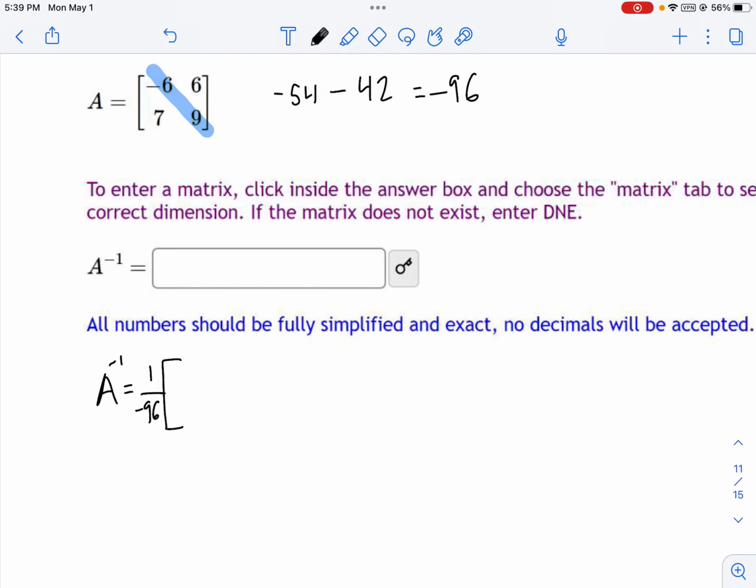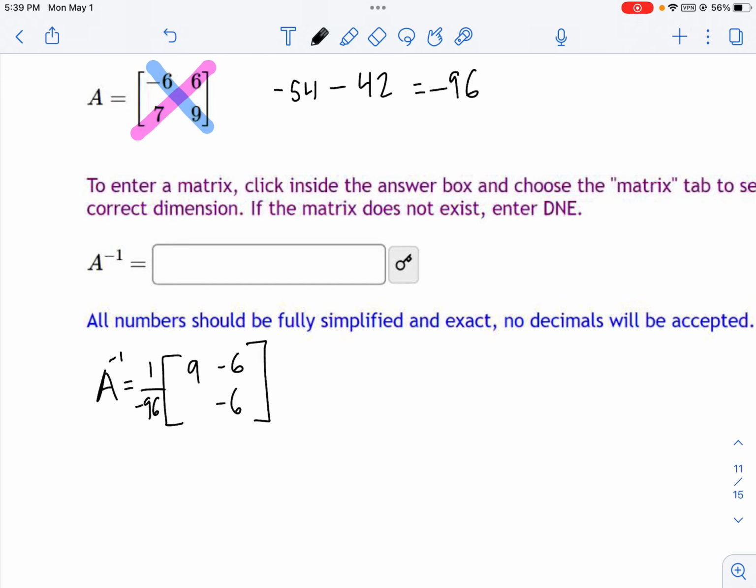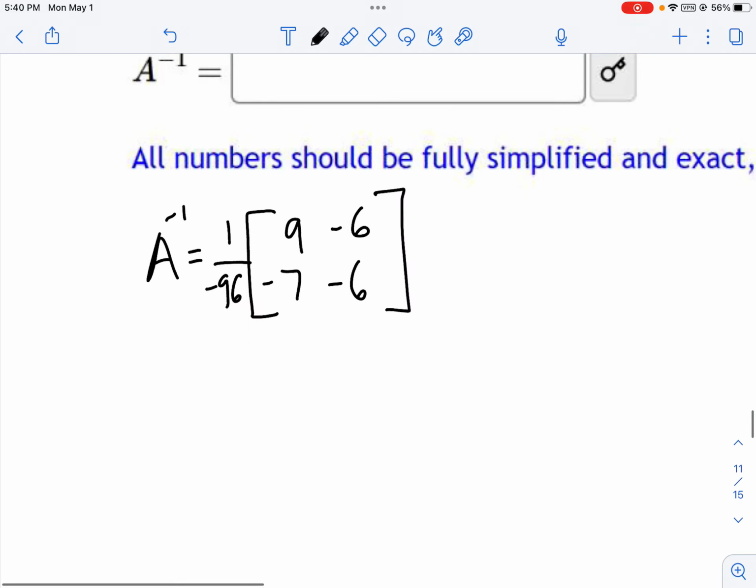So negative 6 and 9 switch places: 9 goes in negative 6's place, and negative 6 goes in 9's place. So you switch the places of your main diagonal and you switch the signs of your other diagonal. So positive 6 becomes negative, positive 7 becomes negative, and that's it. That is the inverse matrix, unsimplified, but it is the inverse.